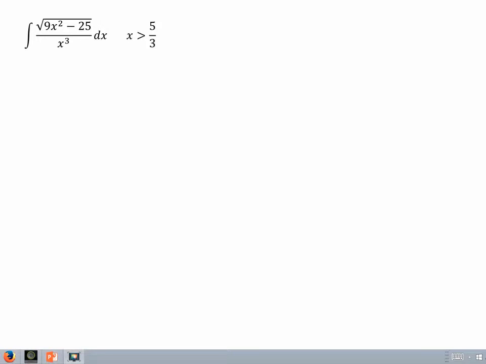Let's see this one. First I want to find the format, which part applies to the format, which is here under the square root: 9x squared minus 25.